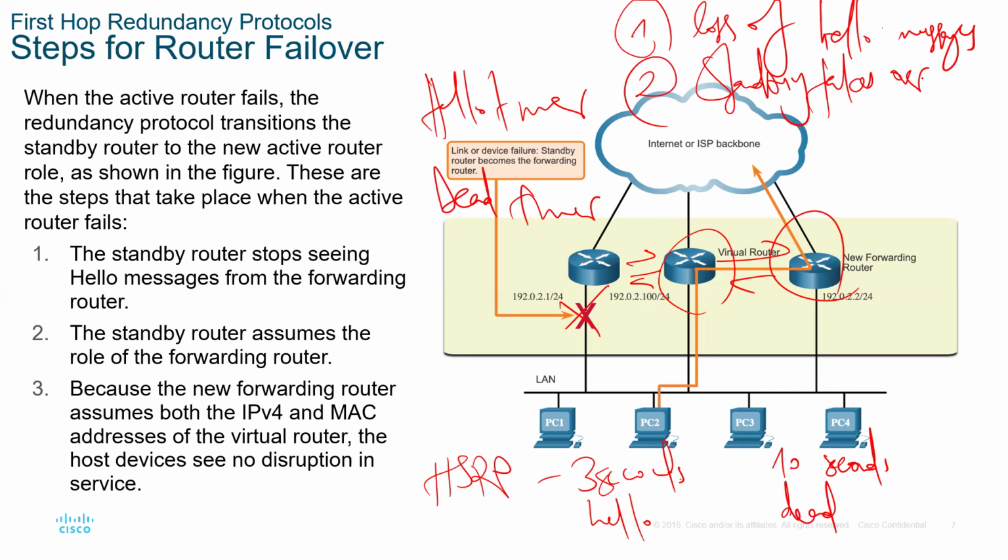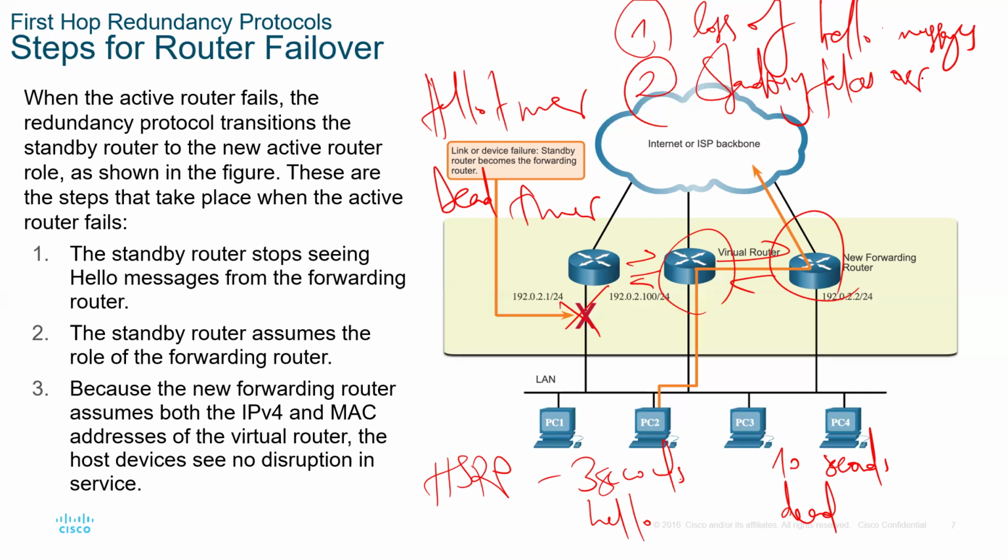My hello messages have stopped coming. The standby router takes over and assumes the role of the active. In this case, the standby router takes control of the forwarding and routing in that virtual group. It takes control of the virtual IP, and the virtual MAC address as well.